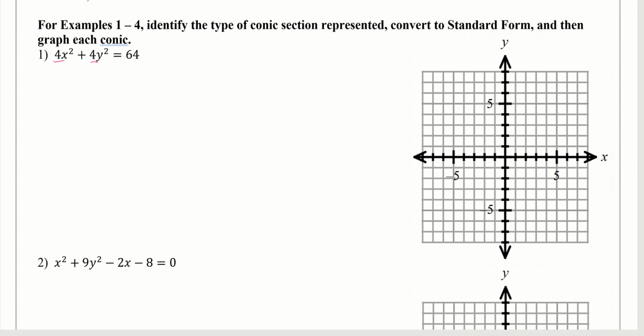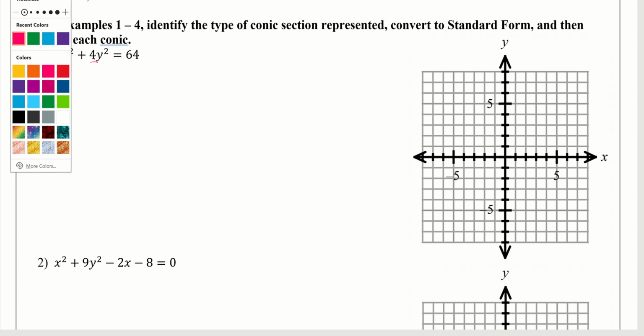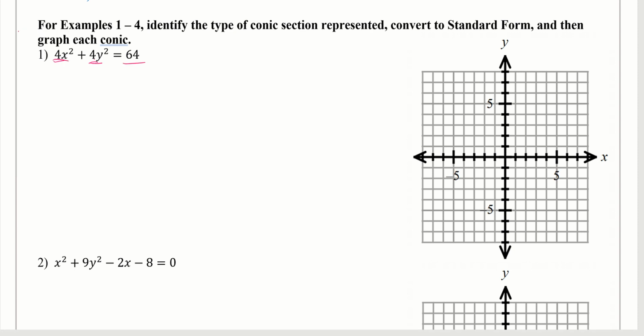So we're going to go through this and solve it out. Since in this case the 4s match each other, what I'm going to do is divide everybody by 4. Then we end up with x squared plus y squared is equal to 16. Again, we'll see an example where maybe that doesn't work, because we've got to make sure these match.